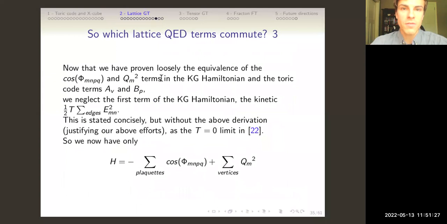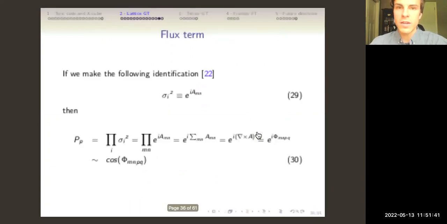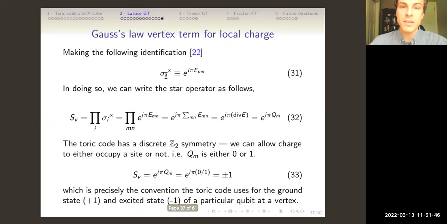As well as reducing the Kogut-Susskind Hamiltonian to the toric code, which was done very briefly in the following reference, in the sense that it was almost done with this equation and this equation, and that's really it, trusting the reader to take these things either as gospel or to know where they came from.